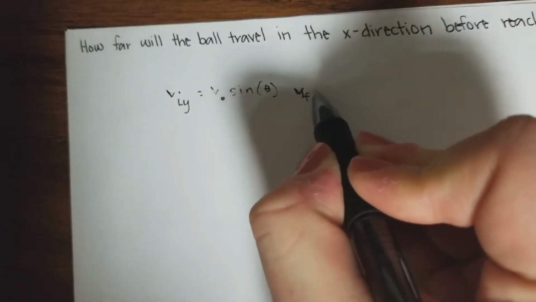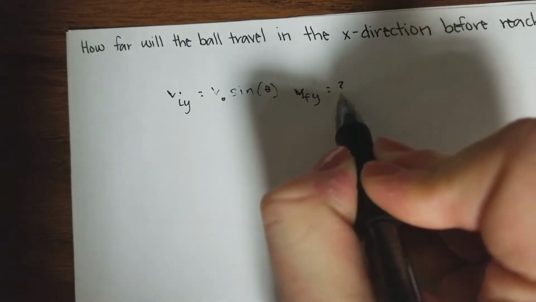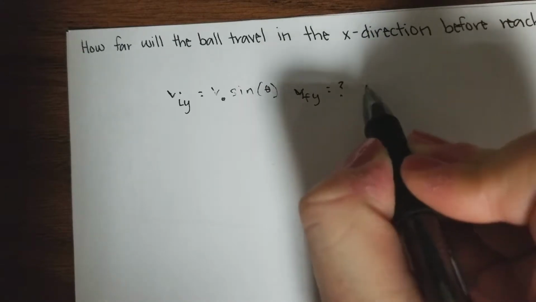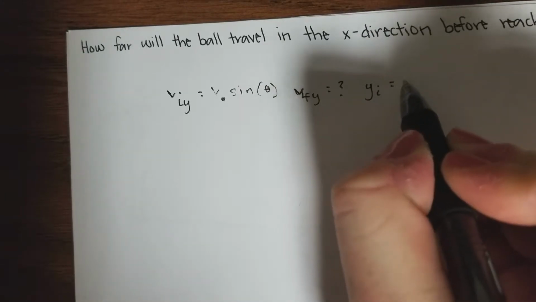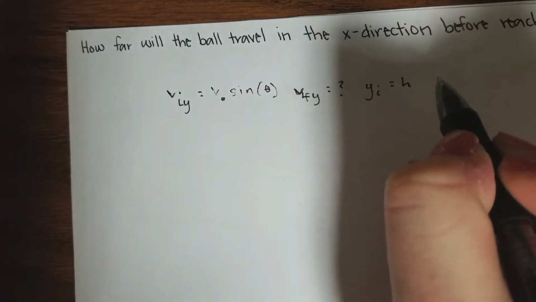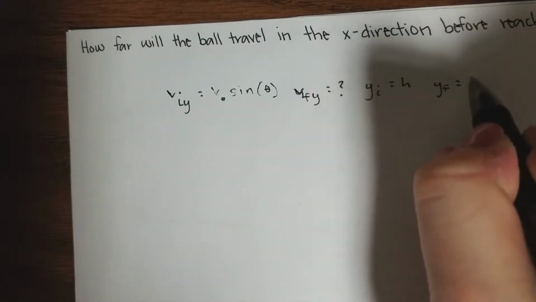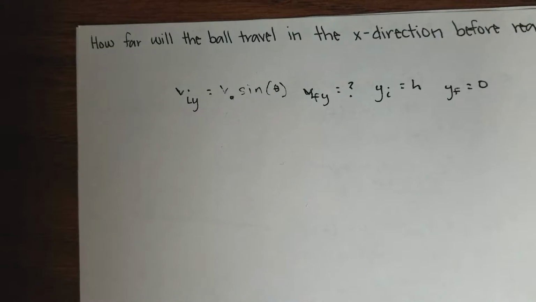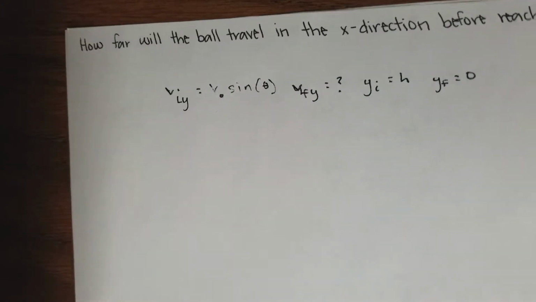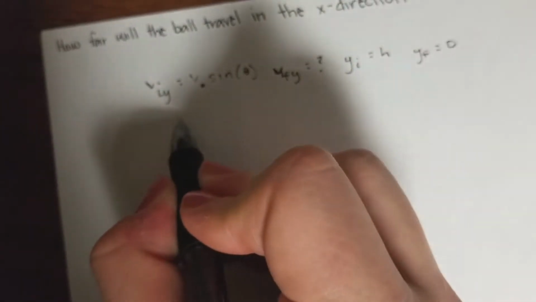We know that the initial height is h, and we know that the final height is 0 as it reaches the ground.